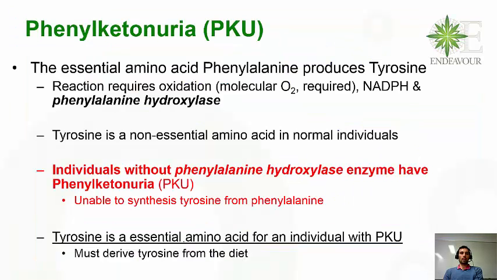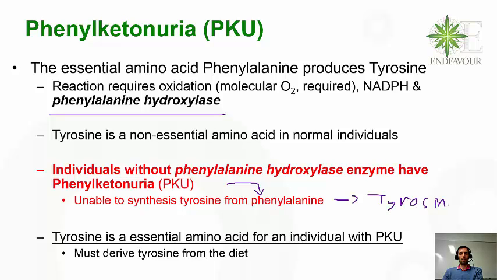So this PKU condition is actually quite interesting because the tyrosine can only be produced in individuals from phenylalanine when we have this phenylalanine hydroxylase enzyme. So individuals without the phenylalanine hydroxylase enzyme actually have the deficiency in being able to make tyrosine because they're not able to convert phenylalanine into tyrosine due to the lack of this enzyme.